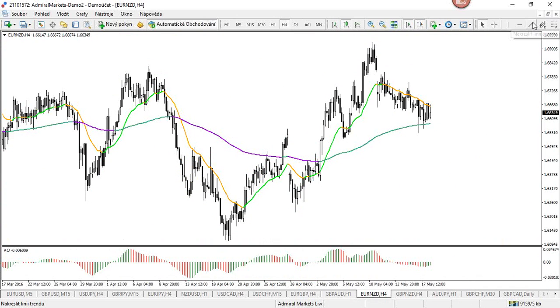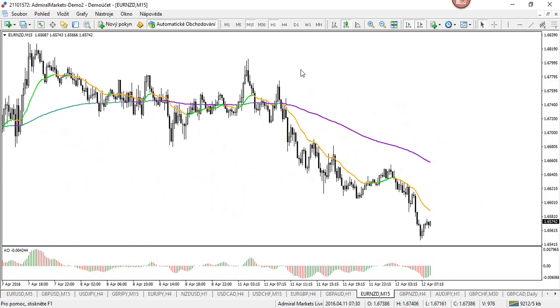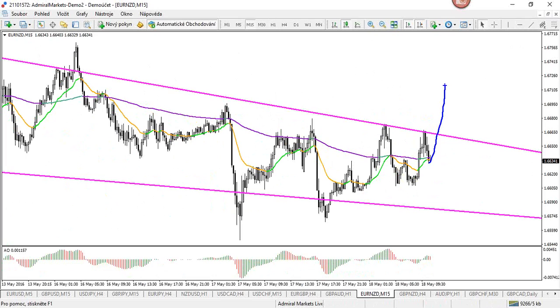Now the euro New Zealand, we didn't talk about it, but it could have. Let's see, it could be making kind of a correction here on the hourly. So if it breaks to the upside, I'll be looking on the 50-minute chart, right? Break, I'll be looking for a pattern on the 50-minute chart and a continuation of that.